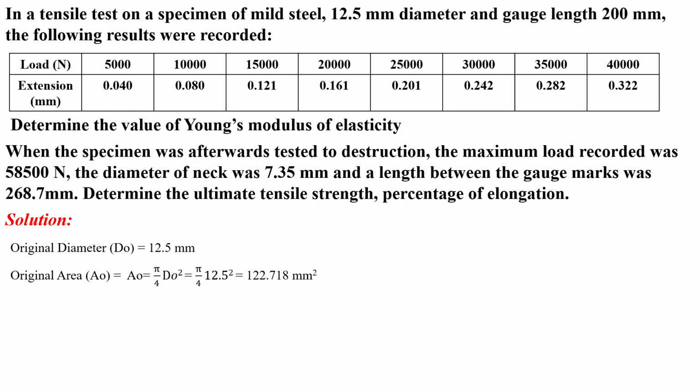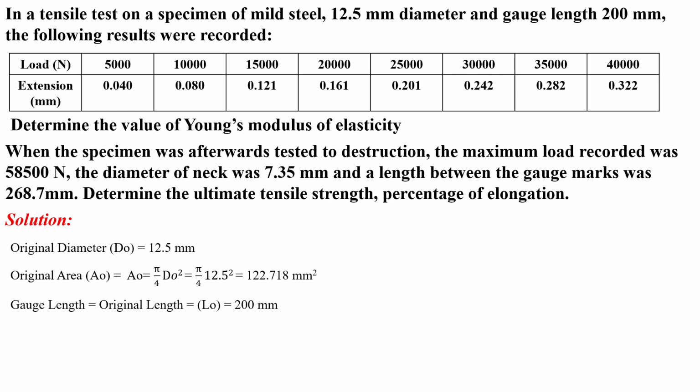A0 equal to pi by 4 D0 square, it is pi by 4 into 12.5 square. So the original area A0 becomes 122.718 mm square. And also they gave the gauge length, or original length, let's consider L0 equal to 200 mm.